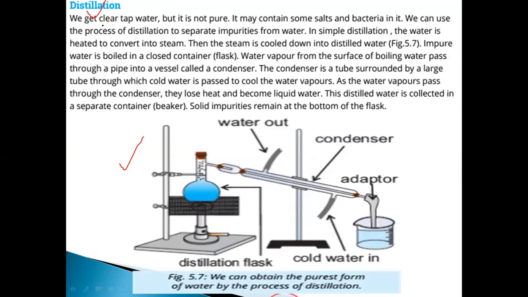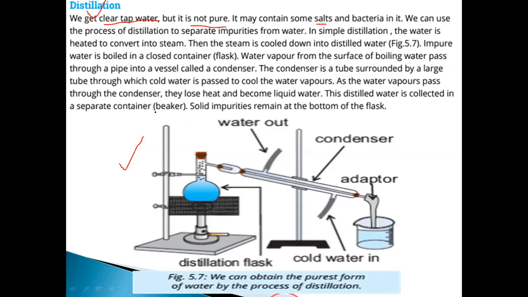So we can get clear tap water, but it is not pure. Clear, but it is not pure. So we have to add chlorine, or certain other things to make it germ free. Maybe it contains salts and bacteria inside it, so that's why. So we can use the process of distillation to separate impurities from water.